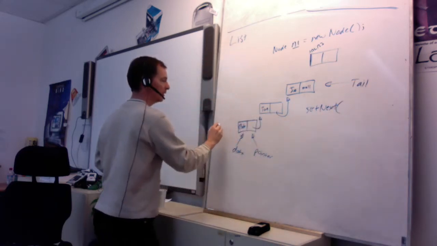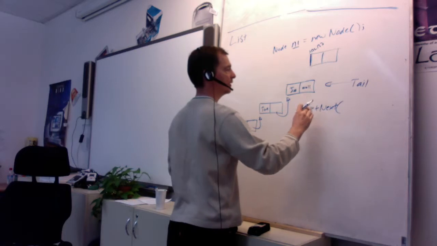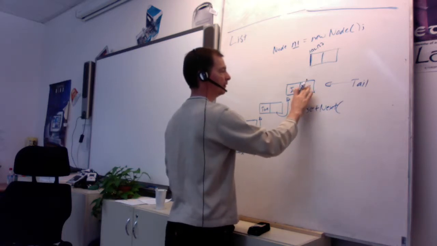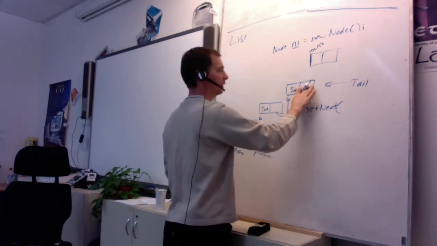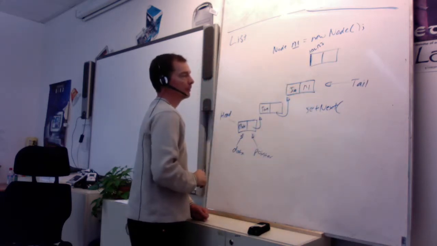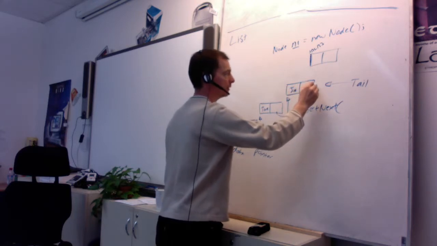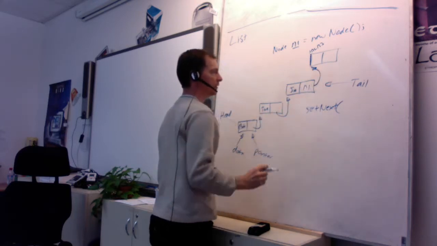We'll call this one, by the way, the head. So we're going to set the next of the tail, the current tail, to be N1, which actually is ABC123. In other words, right to there.